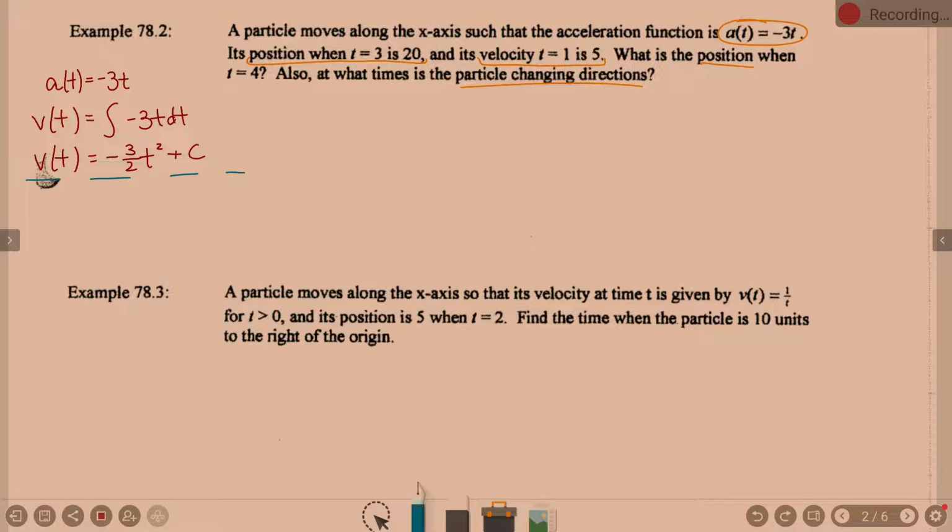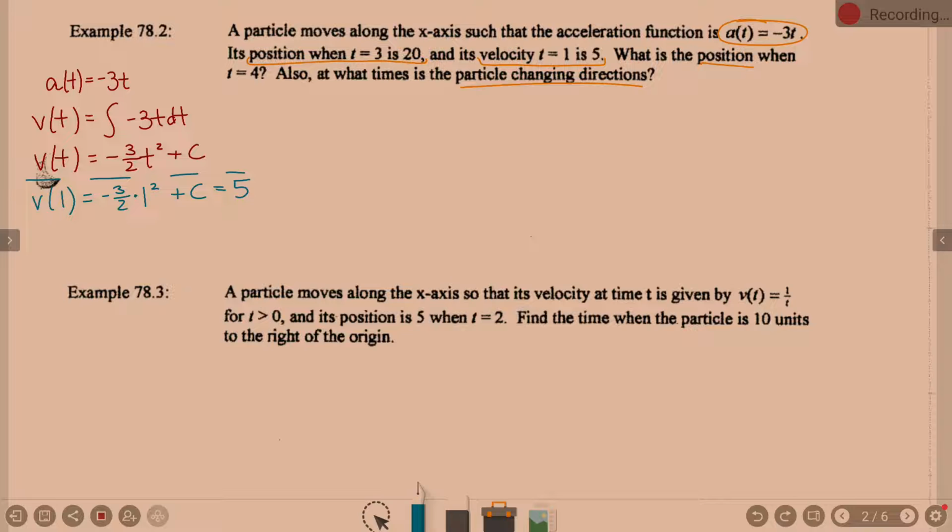We know that the velocity when t equals 1 is 5. So v of 1, when you plug that 1 in, so negative 3/2 times 1 squared plus c, that equation is 5. And that's why I show you the method, because time is not always 0.